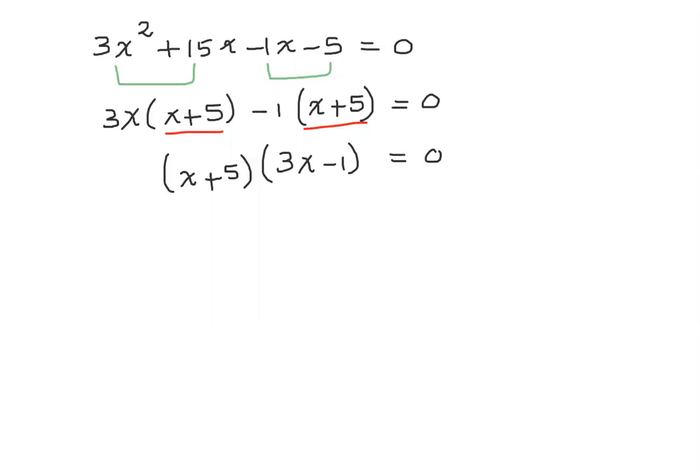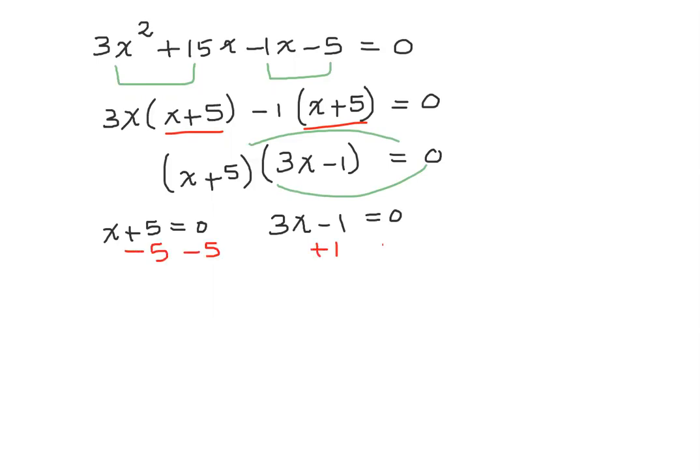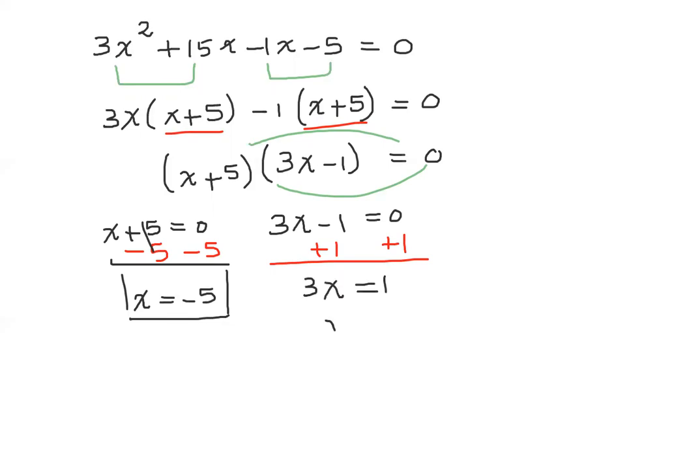Now we have to set each factor equal to 0 to solve for x. So x plus 5 is 0, or 3x minus 1 is 0. Get x by itself: we get x equals -5. And 3x equals 1, so x equals 1/3.